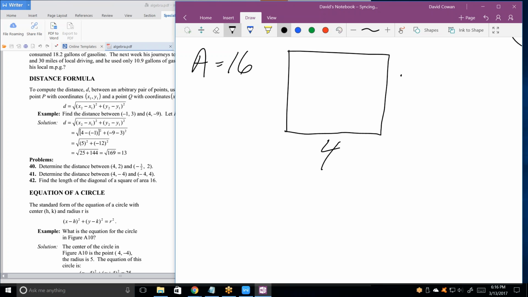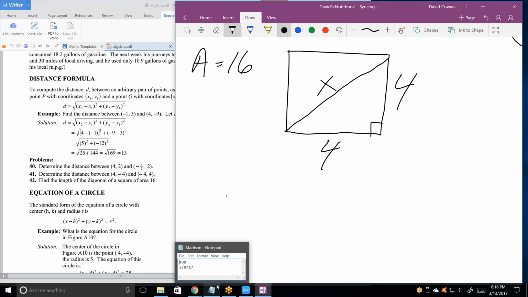And so is this side. So how do I figure out that diagonal? Squares are always right angles. Okay. So the 4 squared plus 4 squared equals c squared.